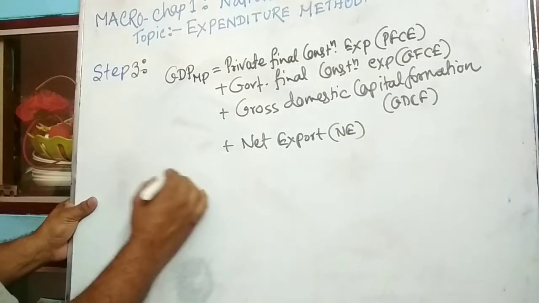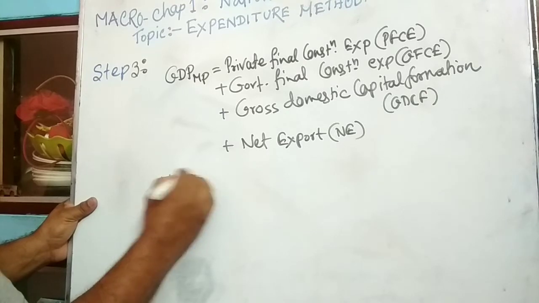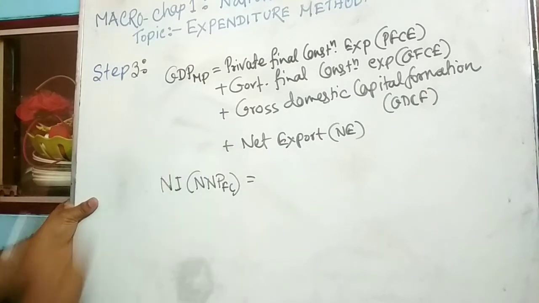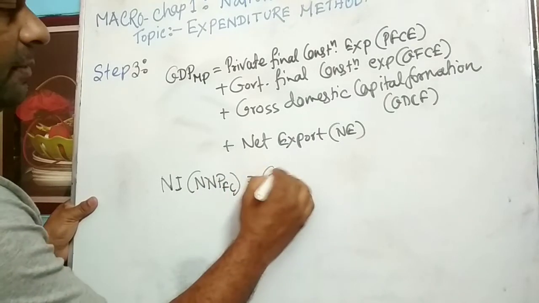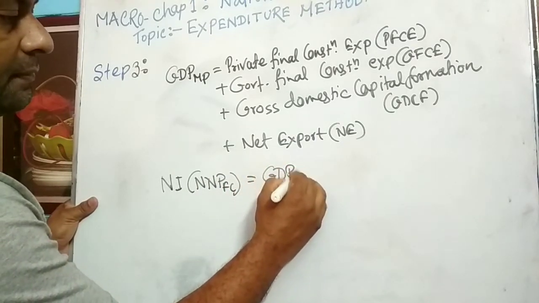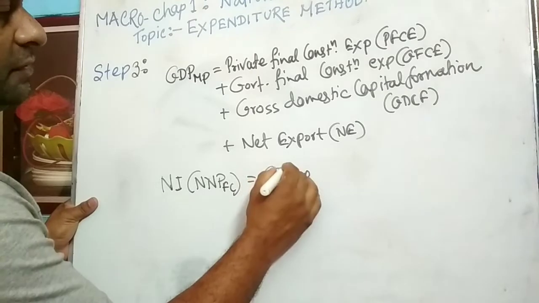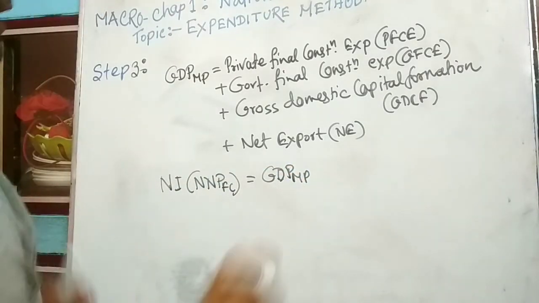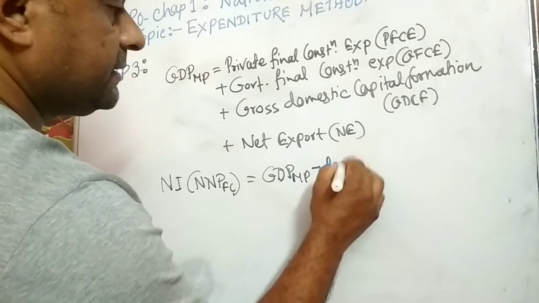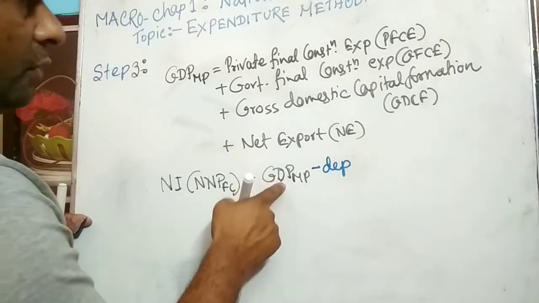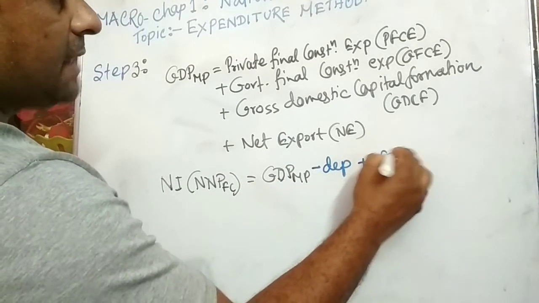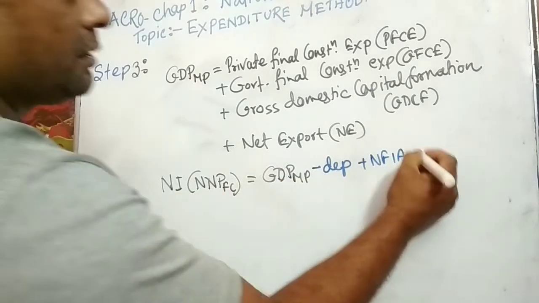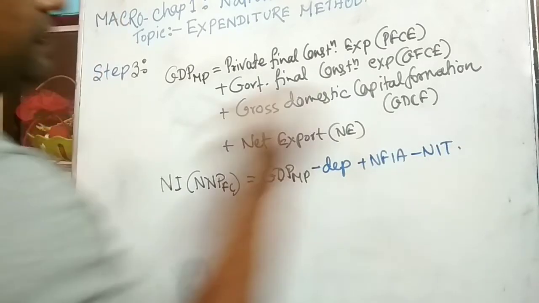From this we calculate national income. The main term of national income is NNP factor cost. We have GDP market price, and from this we convert it: gross minus depreciation gives net, domestic plus NFIA gives national, market price to factor cost minus NIT gives factor cost.